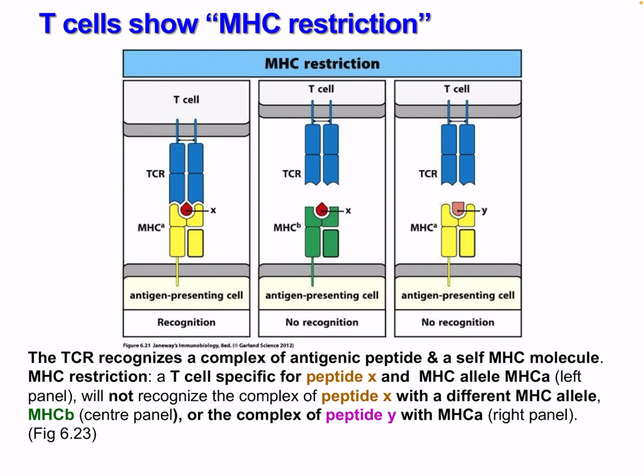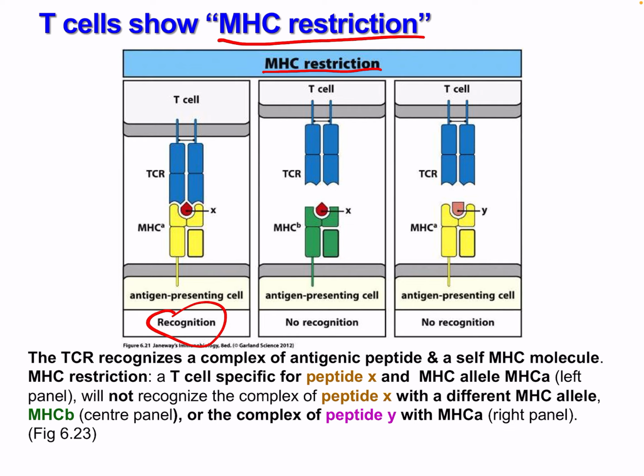So again, we've brought up this topic of MHC restriction, meaning that T cells need the MHC. We can follow along with this figure. The T cell receptor recognizes a complex of antigenic peptide in a self-MHC molecule.